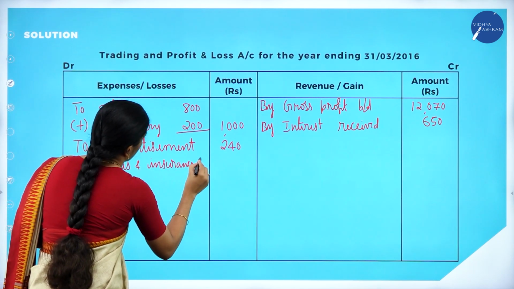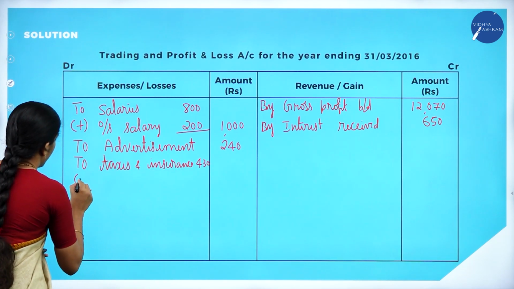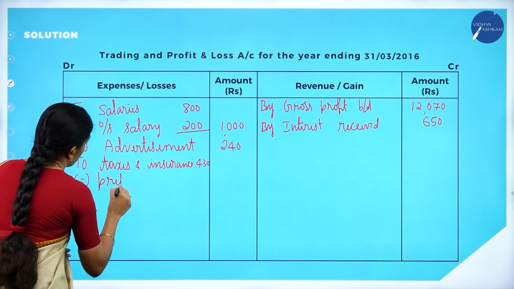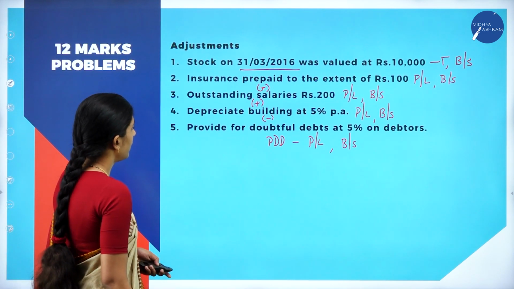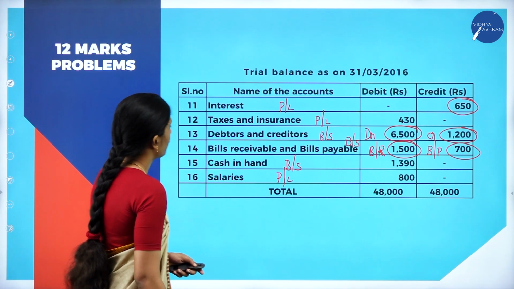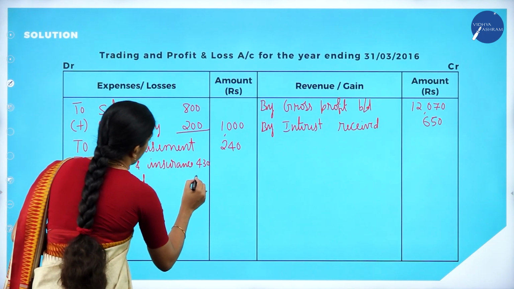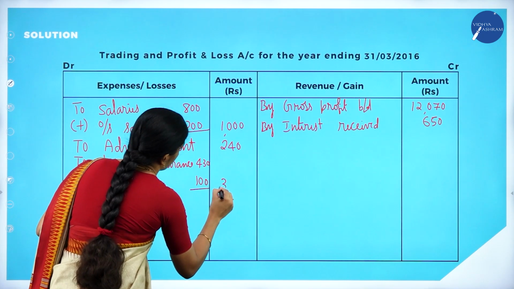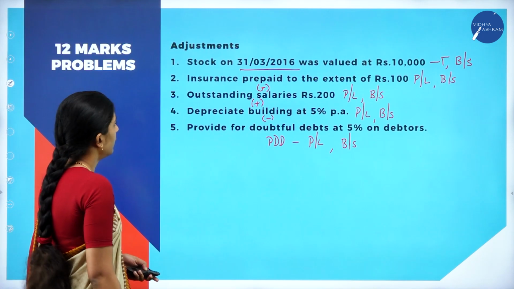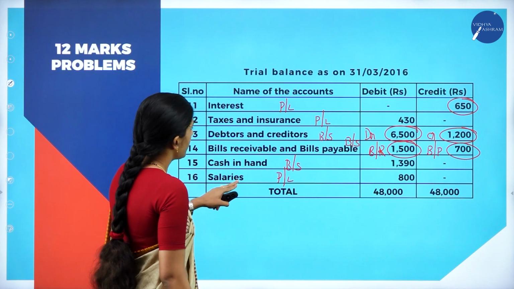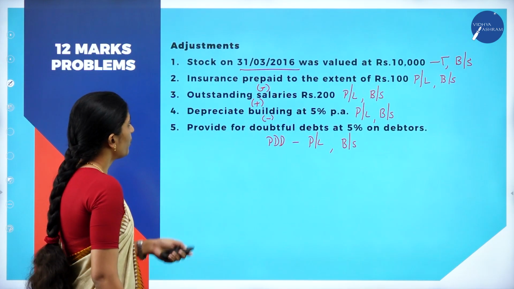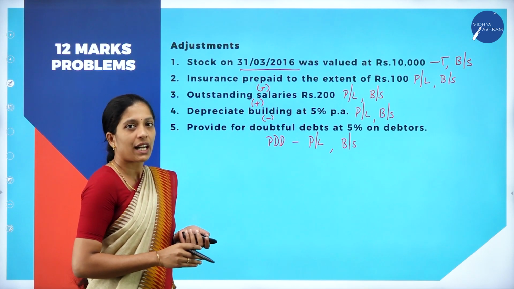So prepaid is 100. So taxes and insurance is 430 minus 100, so that is 330. So hope you are clear. Next, taxes and insurance done. So salaries is done. Now all the accounts in the trial balance are done.